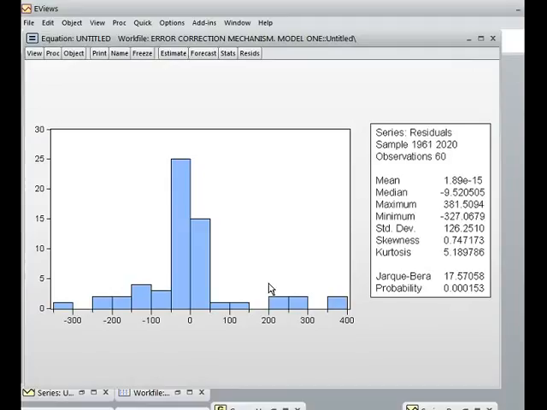Right? We have to do something so that serial correlation or non-normal residual do not come up. We have to do that. So that is the end of the story, and yeah.